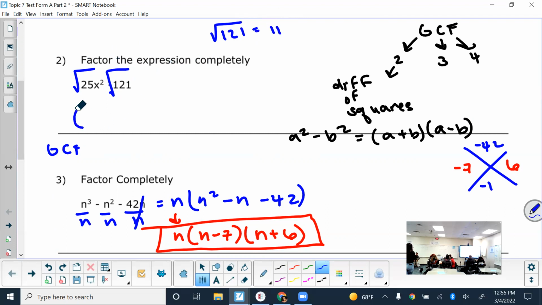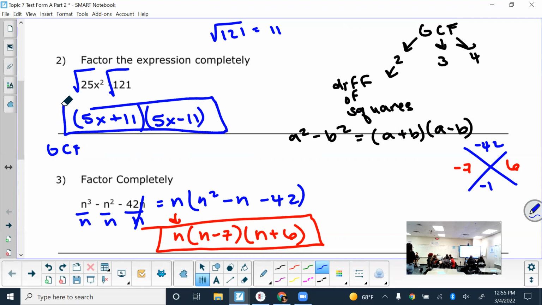What's the square root of 25x squared? Just 5x. And that's why the answer was 5x plus 11 and 5x minus 11, because you take the square roots of both and set it up like this according to the rule. Yes, you can have the 5x minus 11 first.